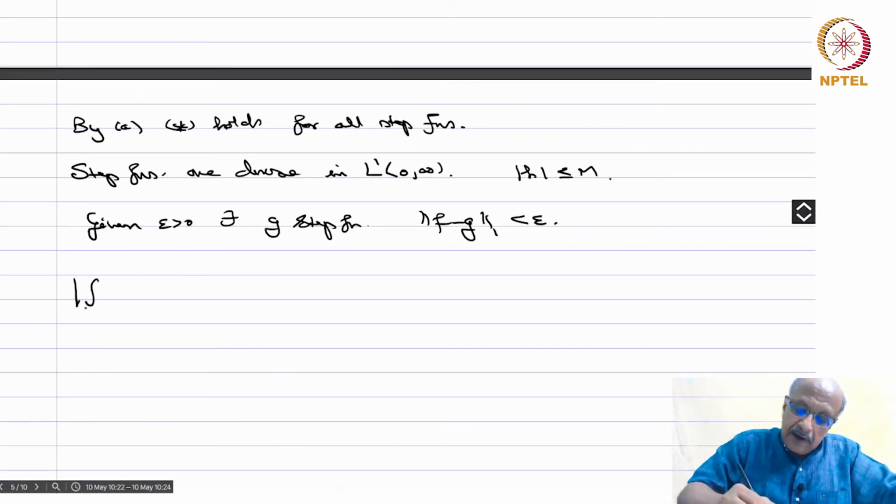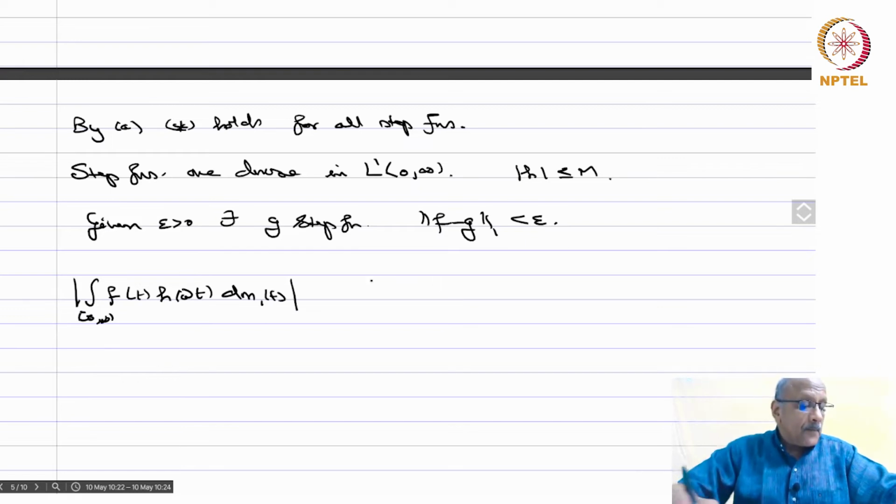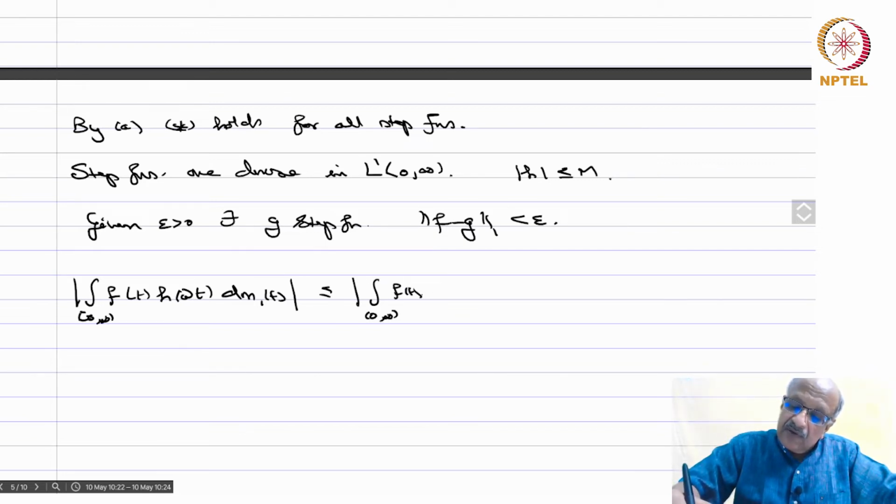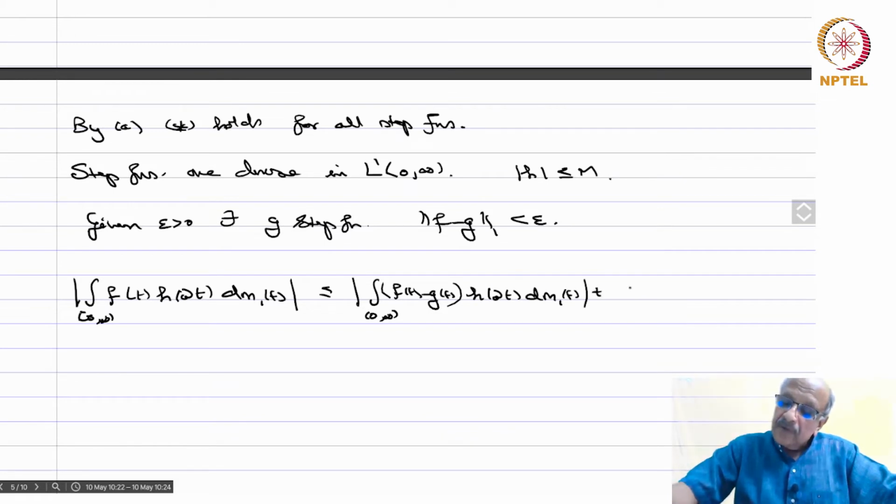Therefore, the modulus of the integral from 0 to infinity of f(t) h(ωt) dm1(t) is less than or equal to the modulus of the integral from 0 to infinity of (f(t) minus g(t)) h(ωt) dm1(t) plus the integral from 0 to infinity of g(t) h(ωt) dm1(t).